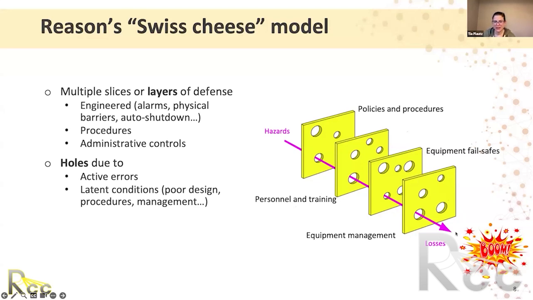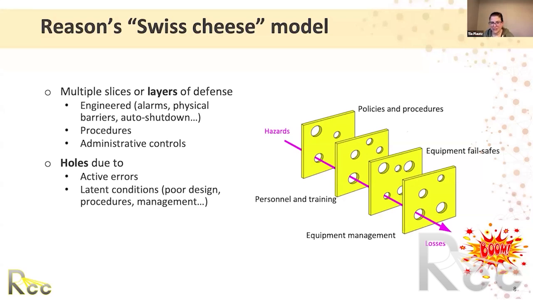And so the barriers will block between hazards, which are mistakes that can happen, or latent conditions in your clinic that could lead to an injury or something else. And then the barriers block these hazards from resulting in losses, which would be an injury or death, but not even necessarily something dramatic.